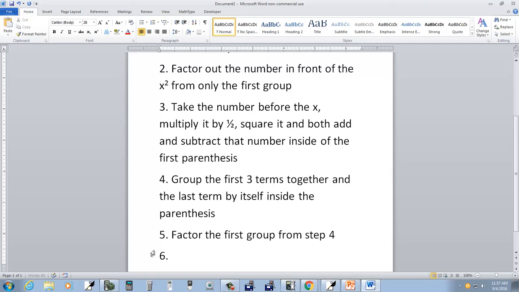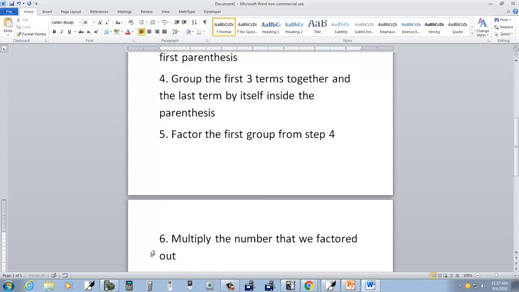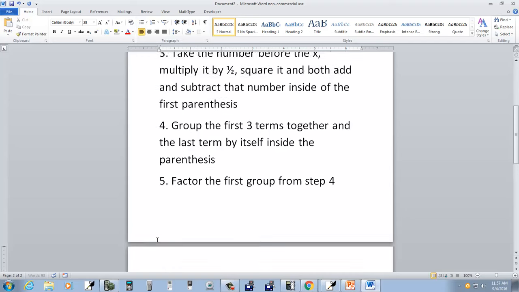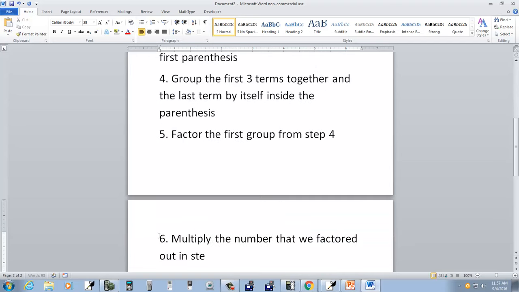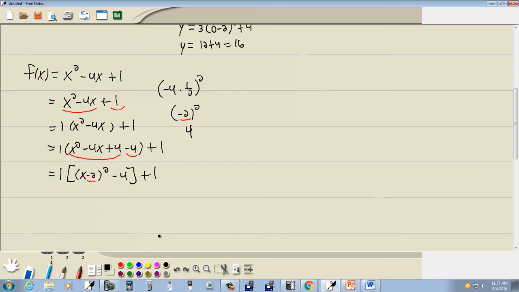Step 6, multiply the number that we factored out in step 2 by both groups. So this 1 here, we're going to multiply by our first group and by our second group.